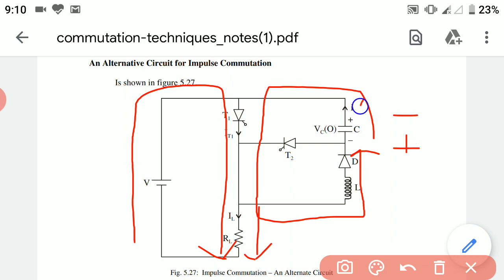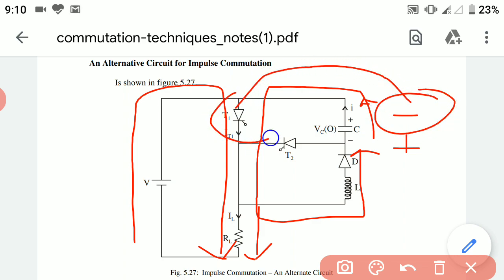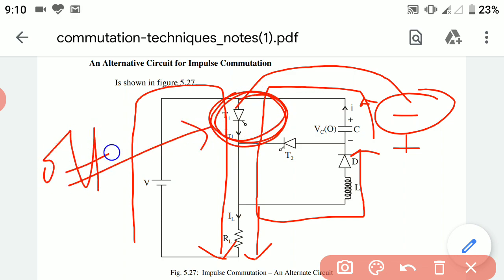Due to this negative polarity, the thyristor T1 will be reverse biased and it will turn off, and due to positive polarity thyristor T2 will turn on.